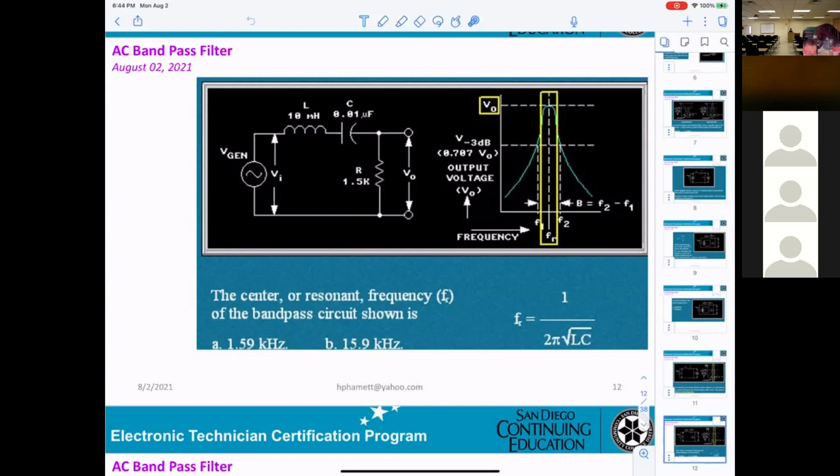Try to go over the transformer handout and the bandpass stop filter handout. That will help you speed up a lot while you're doing your lab work.